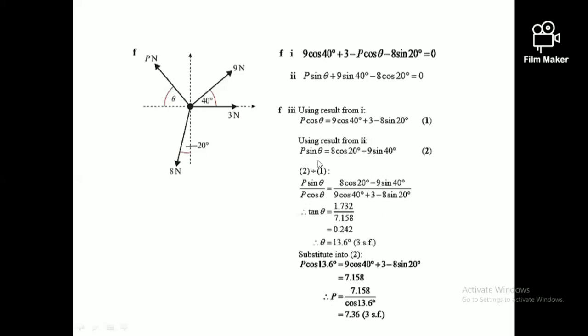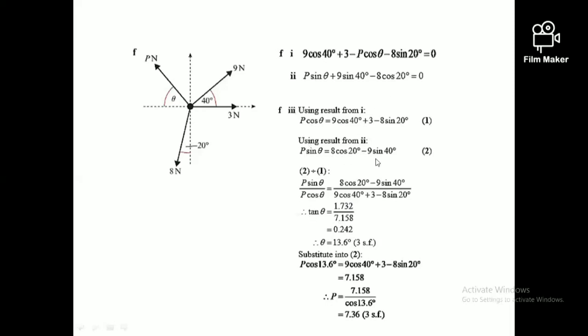If you divide the second equation by the first equation, the answer is tan theta equals 0.242, that is 13.6. Then you can substitute this 13.6 into the second equation or first equation, it doesn't matter which.